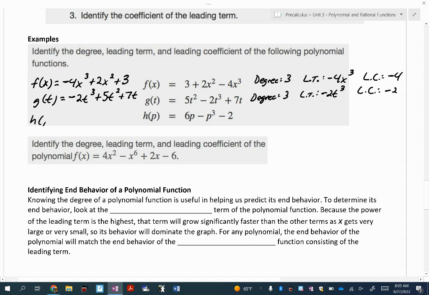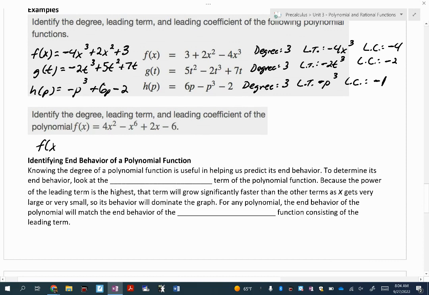This last one, h of p, is negative p cubed plus 6p minus 2. They all ended up having the same degree of 3. The leading term in this case is negative p cubed, which gives me a leading coefficient of negative 1. Since they all have the same degree and the same negative leading coefficient, their end behavior would all actually be the same.